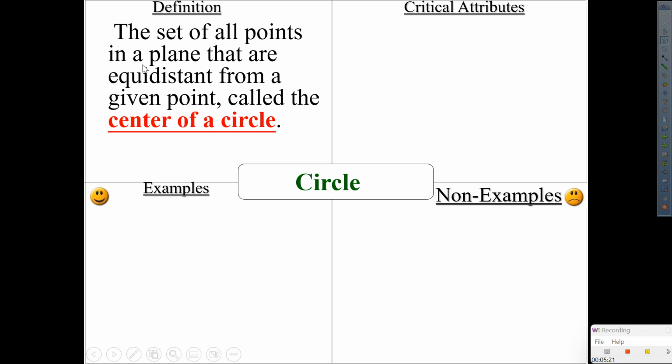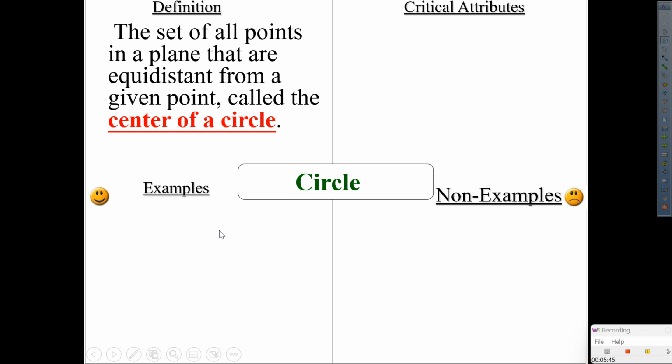Now that's a self-explanatory term, equidistant. Tell your neighbor what that means, please. Yeah, equal distance, yes? So a circle is made when there are a bunch of points that are equally distant from one fixed point, which is known as the center.